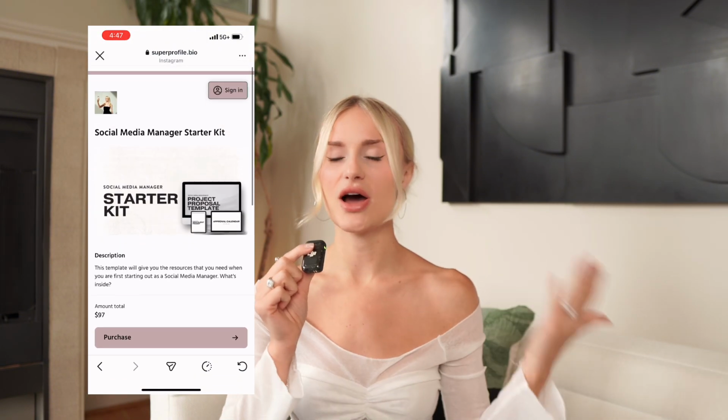Either in another DM sequence or an email sequence, telling them to buy your paid product. 1, because we already know they have an interest in whatever the free product was. And 2, you've built up some credibility or some trust with this person, so they're more likely to actually opt in or purchase anything that you have after you give them the free thing.